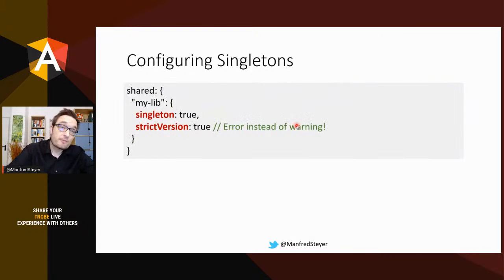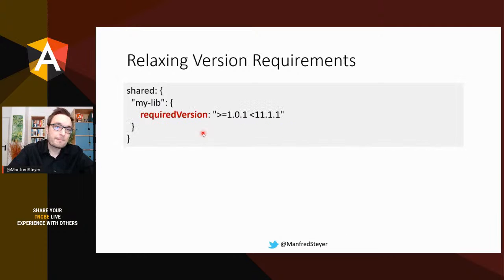We've seen this before. We can define a library as a singleton. And if we set this to true, we get an error if there is not one single compatible version. Without this, we just get a warning. And this is what relaxing would look like.